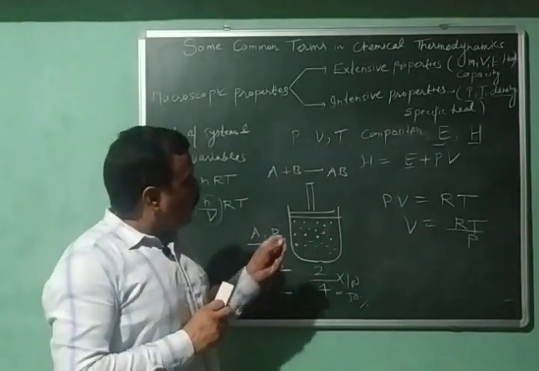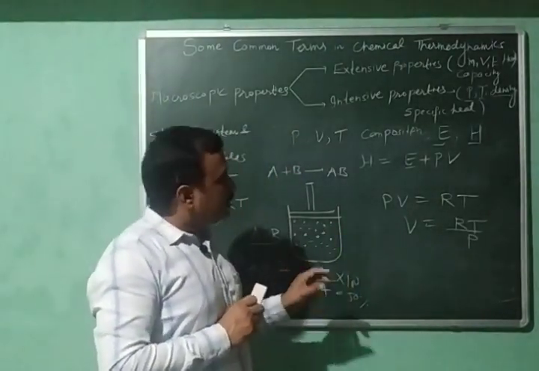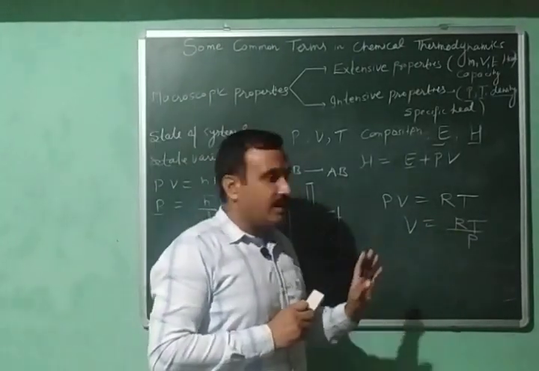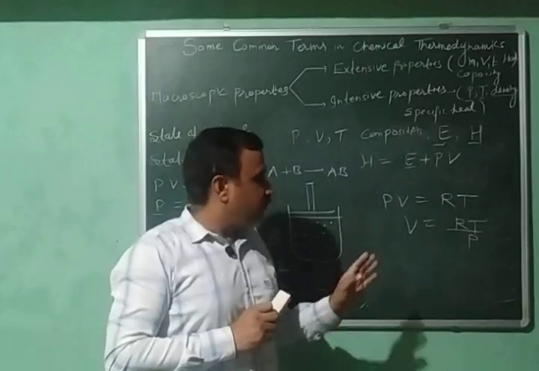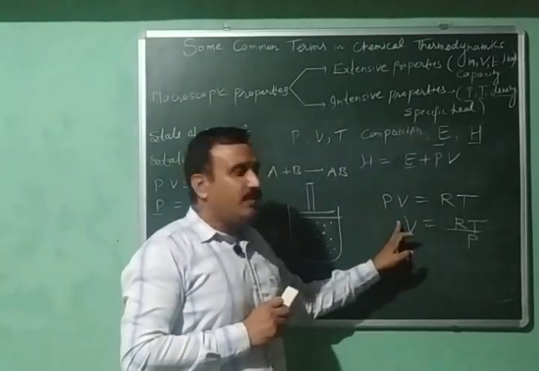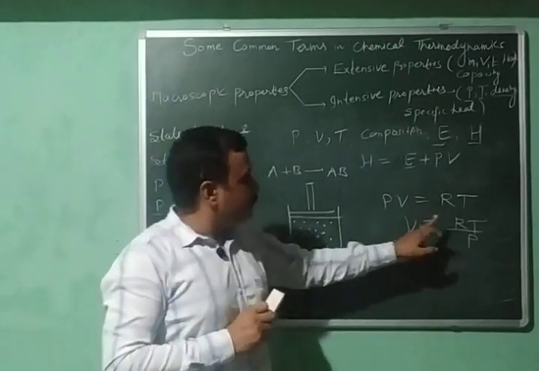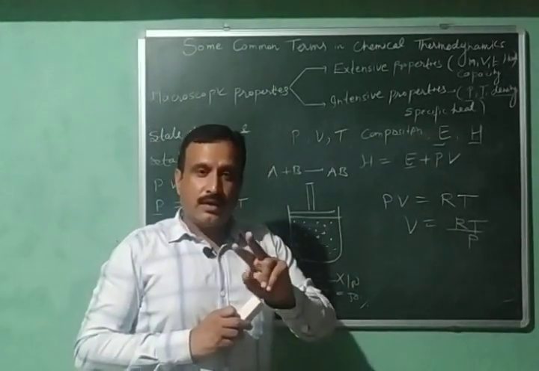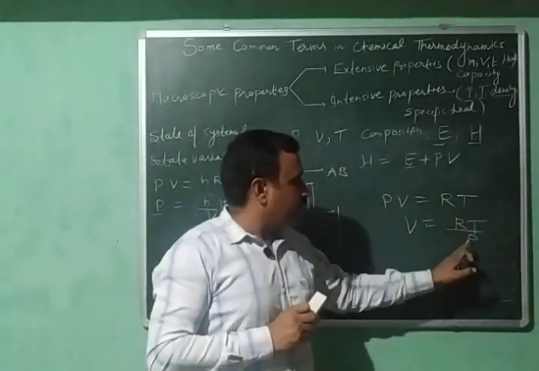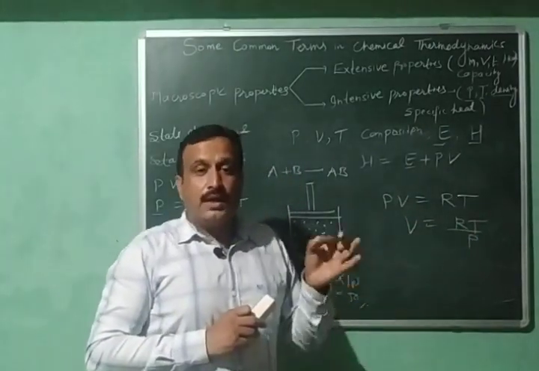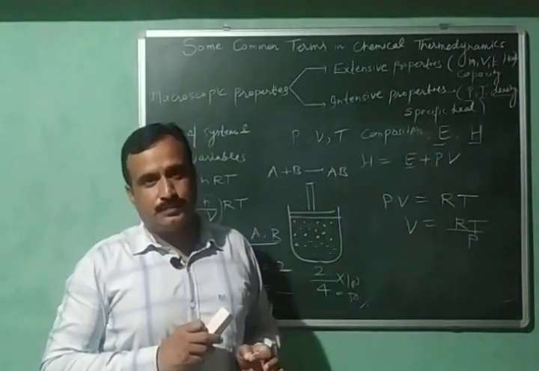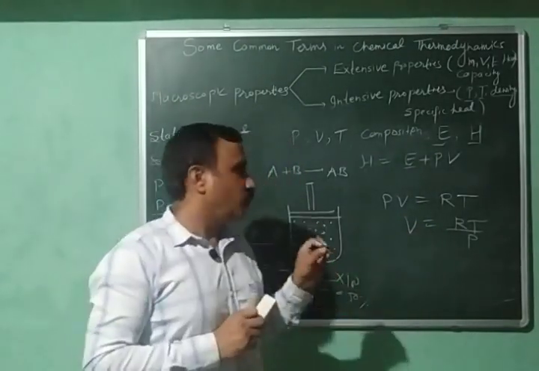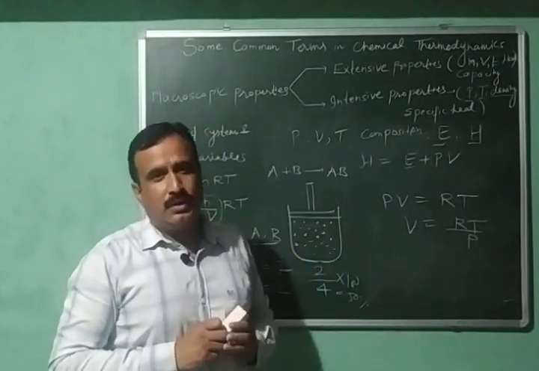Understood? So what does it mean? It means that here we have two variables, temperature and pressure, and volume is automatically fixed. So generally these two variables, temperature and pressure, are chosen, and they are called independent variables. And volume is called what? Dependent variable.